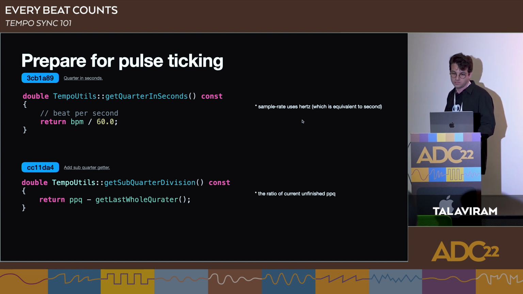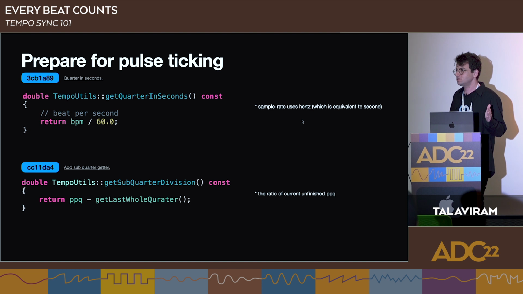Yeah, so first we'll try to prepare for just doing pulse ticking at the right time. This demo, because it's designed to be simple, we are just having an impulse, one sample in silence. So we just mark where is the tick or where is the start of the beat. So the first thing we want to do is understand in samples, where are we standing?